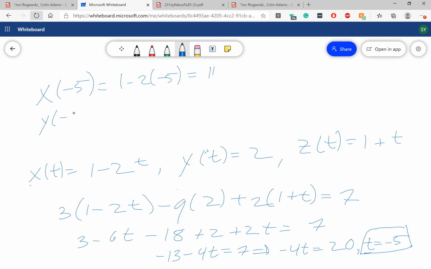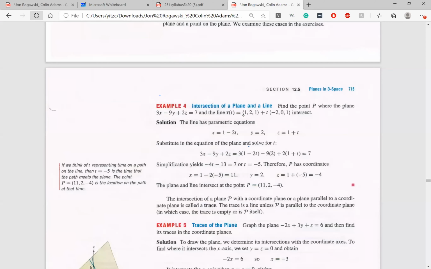Our y of -5 is going to be equal to 2, and our z of -5 is going to be equal to 1 minus 5, so that's 4. So 11, 2, and 4. That's where the line and the plane intersect.